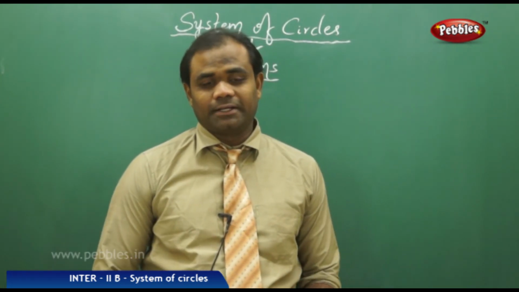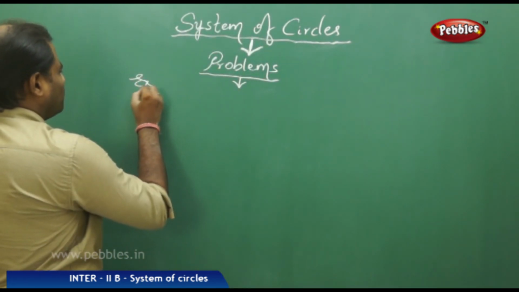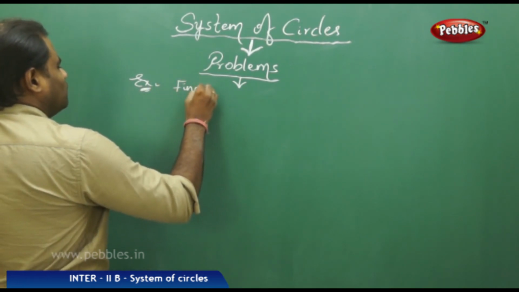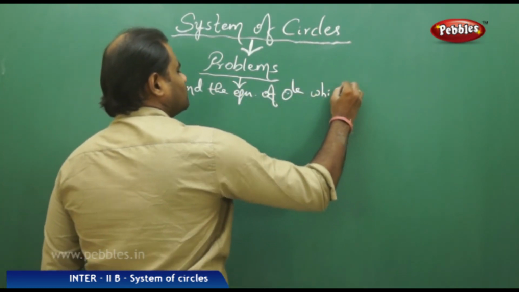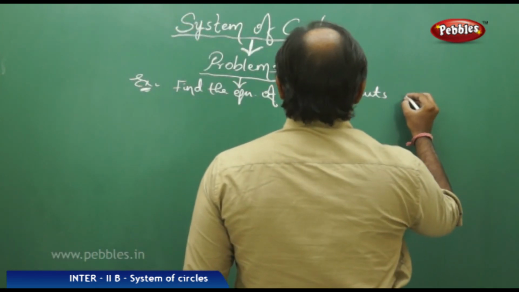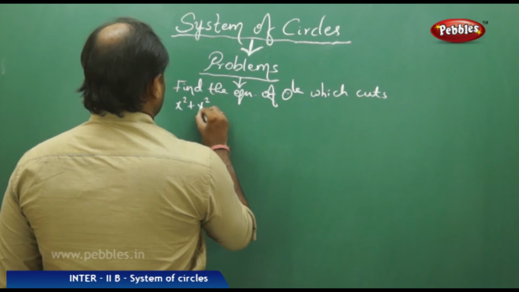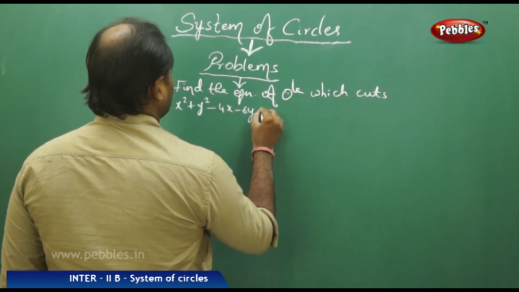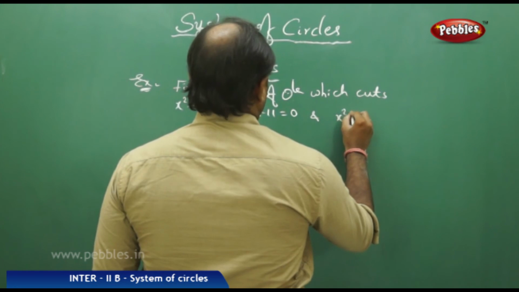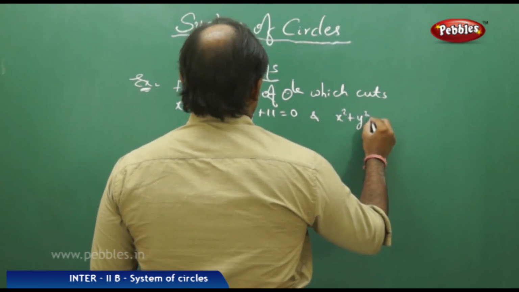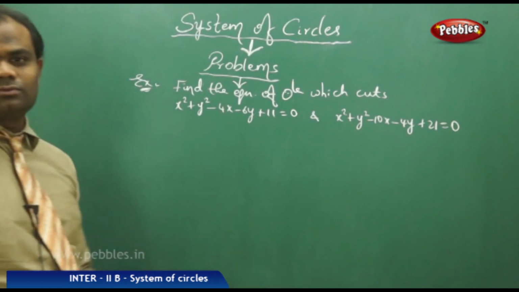Now let's do some problems connecting the system of circles. For example, I want to find the equation of the circle which cuts the circle x squared plus y squared minus 4x minus 6y plus 7 equal to 0, and also cuts x squared plus y squared minus 10x minus 4y plus 21 equal to 0.